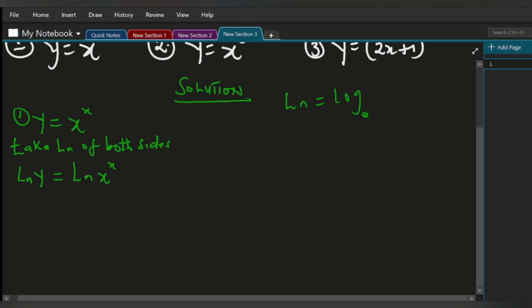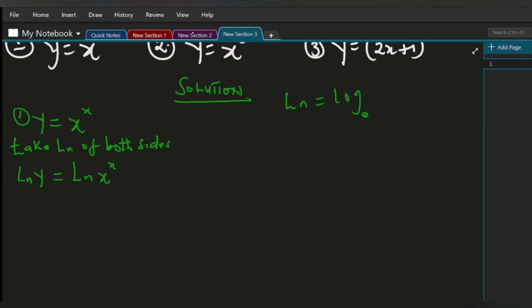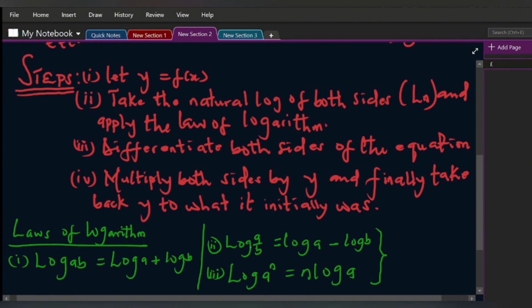So we've taken the ln of both sides and we have this. Now you will notice on the right hand side, we can apply the law of logarithm. Remember the power law of logarithm, which states that when we have the log of an expression raised to a certain power, that power comes behind to multiply the log.